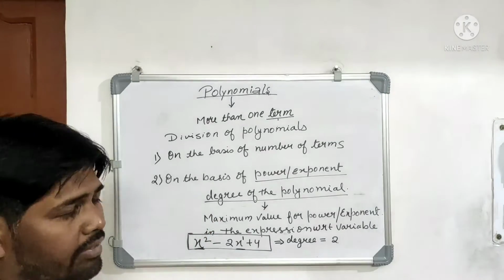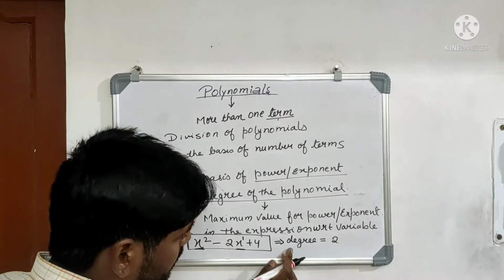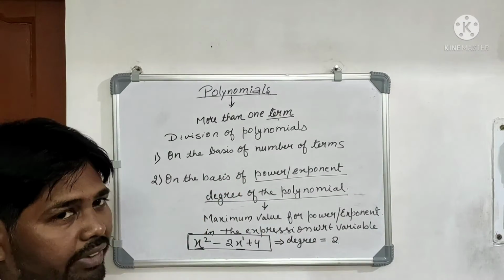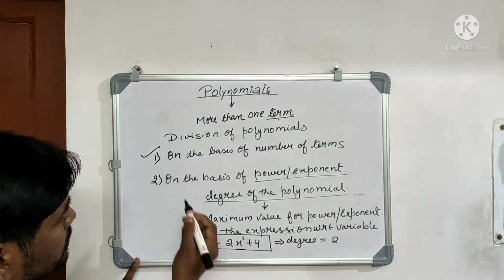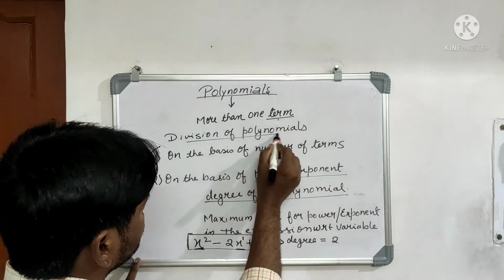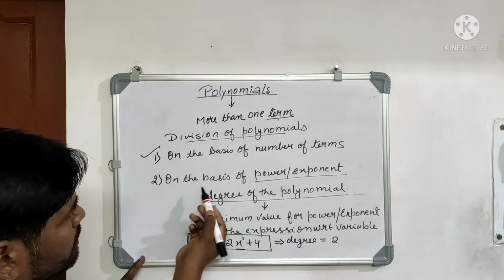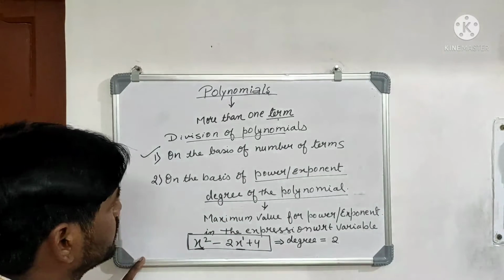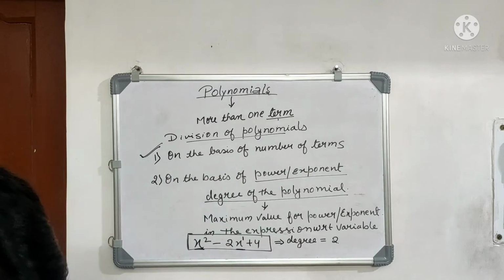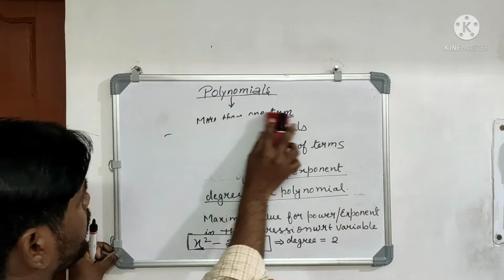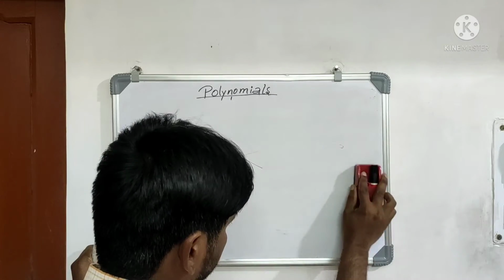So if we have a clear picture about the degree of the polynomial, then on the basis of the degree, the equations are again divided into different categories. As I have said, polynomials can be divided into two broad classifications: one on the basis of the number of terms and the other on the basis of power or exponent. Moving on to the first category, let us see how these polynomials are divided and what they are called.